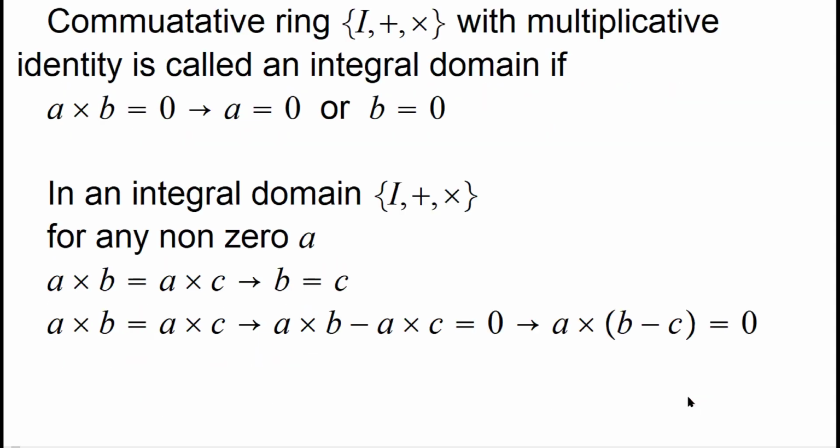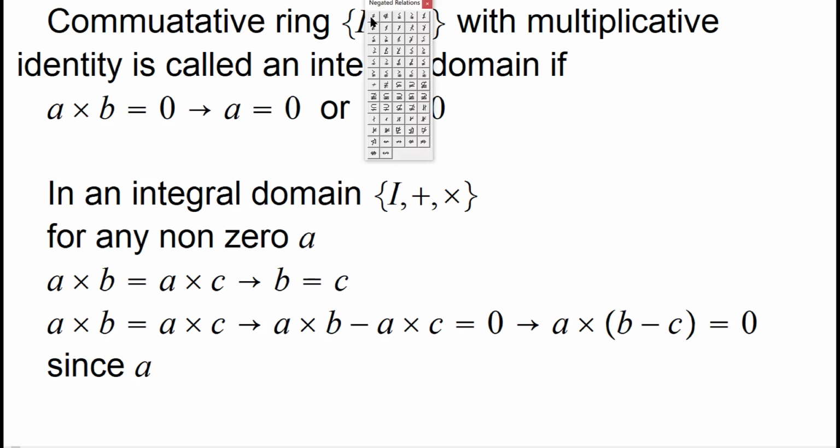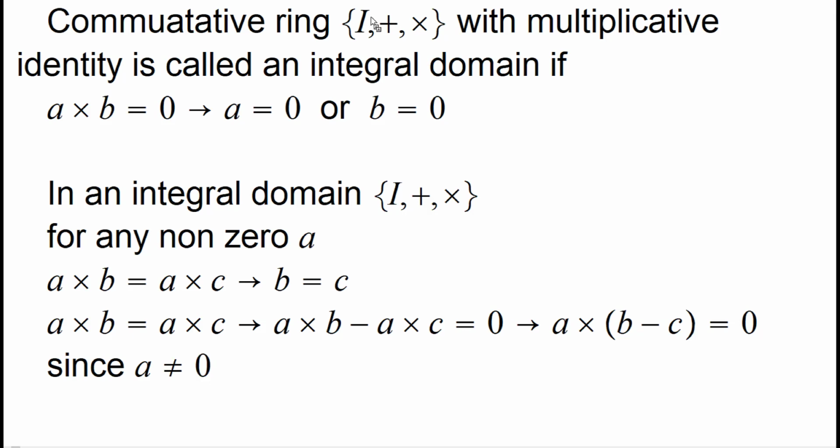Now, since a is not equal to 0, then in order to be an integral domain, we must have the other factor equal to 0, which happens to be b minus c, right? And then adding c on both the sides gives us b equals c.